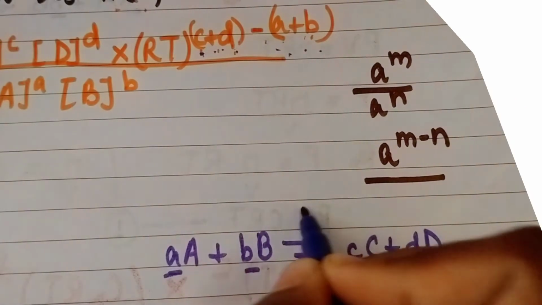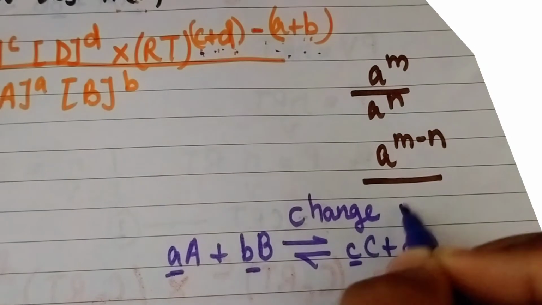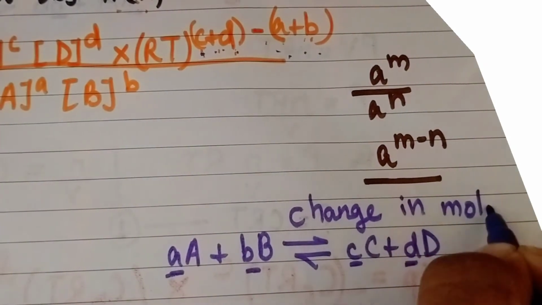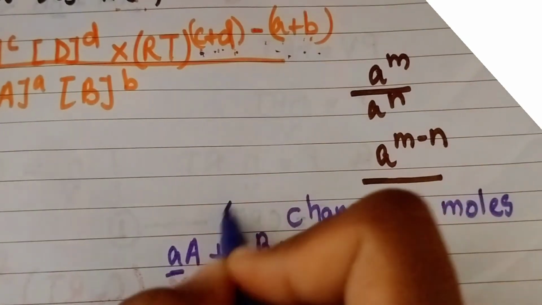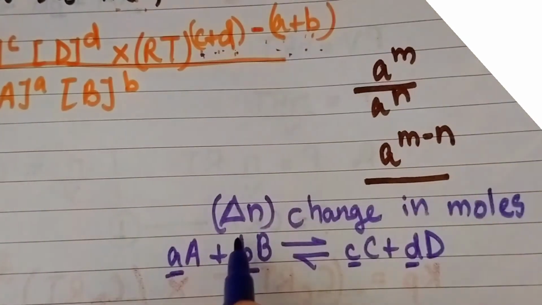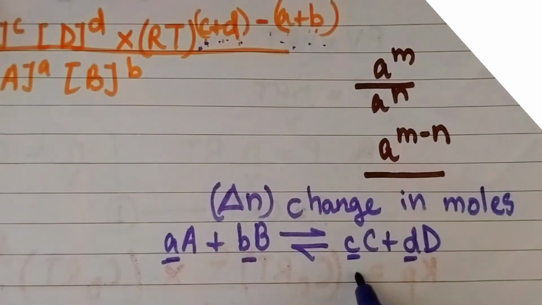We get the change in moles, because the reactants are getting converted to products, right? Which is nothing but delta N. So this is equal to delta N, because we are getting a difference in the moles, right?